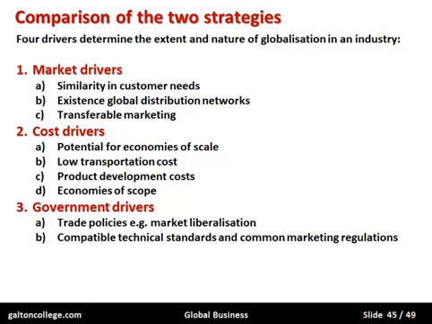Compatible technical standards and common marketing regulations. It should be the case that the companies are able to translate the technical requirements for the product's production into standards that are understood in the other country. This may be quite simple, moving from metric to imperial or imperial to metric.